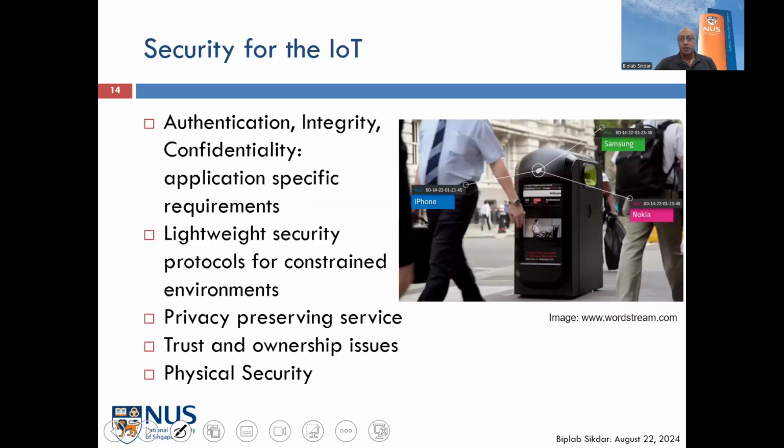There are also privacy issues with IoT devices. This particular figure shows you one trash can in the city of London. It had smart sensors which would monitor how full the bin is, and if the bin is full, it would send a message to the waste management company to come and empty it.